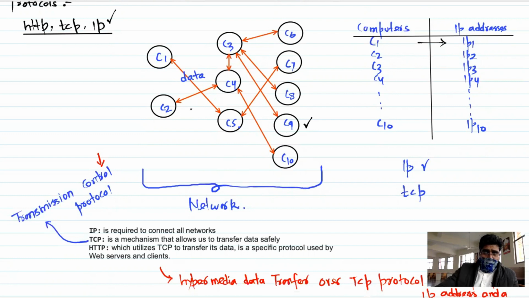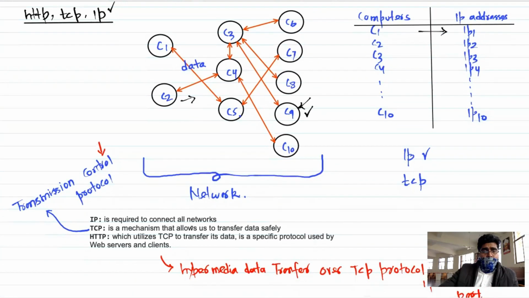Why? Because we want that data to be secured, and no other machine should be able to access it. If that data is meant to be received by C9, then there has to be a security mechanism so that the data C2 sends to C9 will only be received by C9. That is ensured by the TCP protocol.